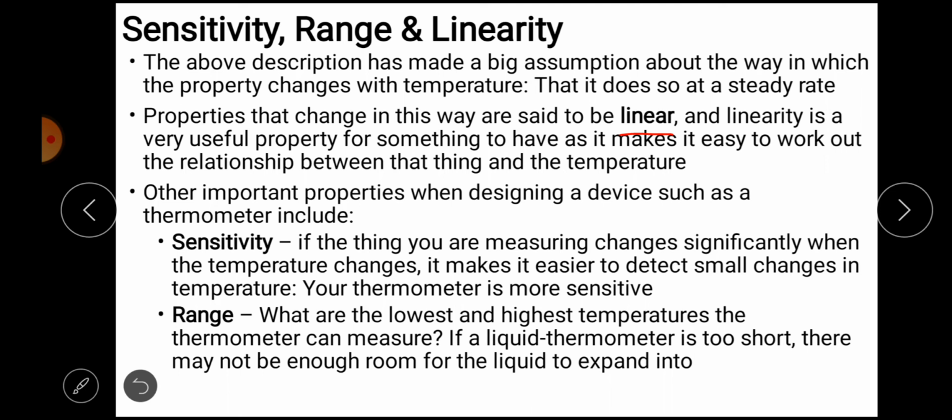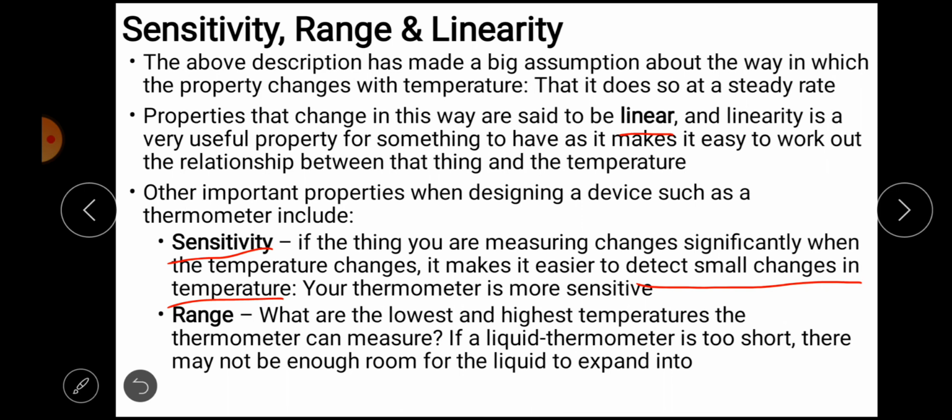Other important properties to consider when designing a device such as a thermometer include sensitivity. If the thermometric property changes significantly when the temperature changes, it makes it easier to detect a small change in temperature. Your thermometer is more sensitive. So sensitivity is the degree of change of the thermometric property for a given change in temperature.